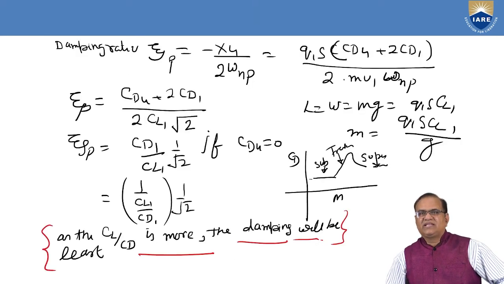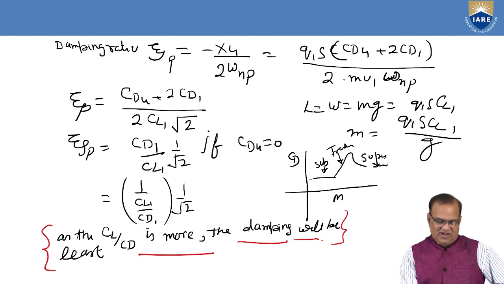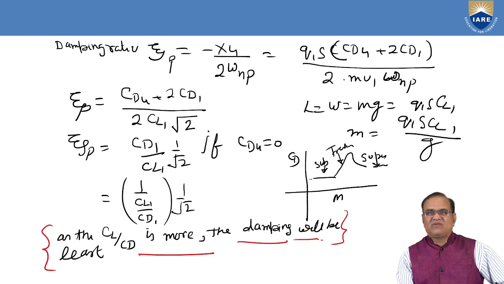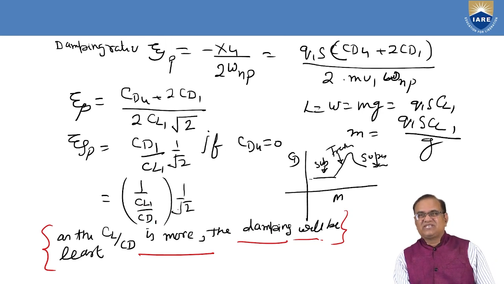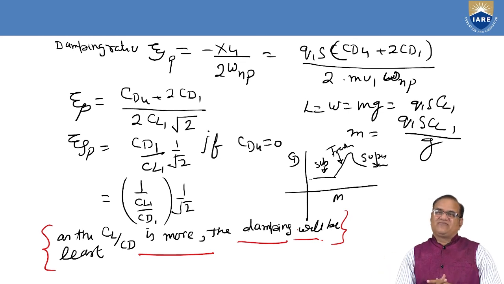We can see here that the zeta value is 1 by root 2 times CL by CD, so CL by CD is very important here also. The damping will be least if CL by CD is more. So if CL by CD is more, it is a less stable case.